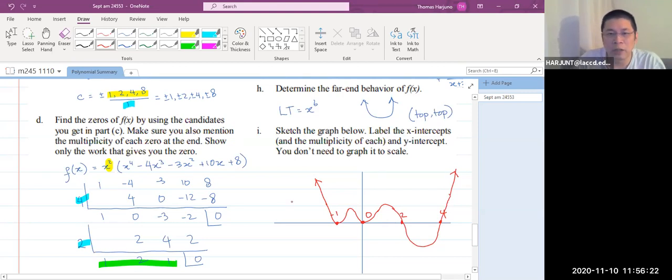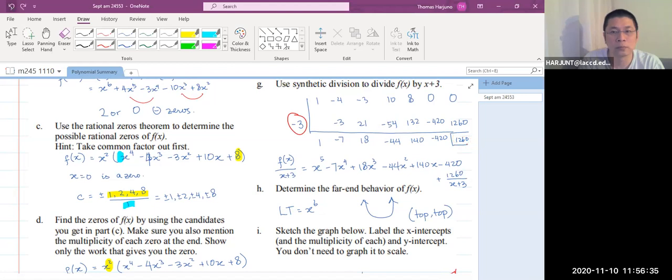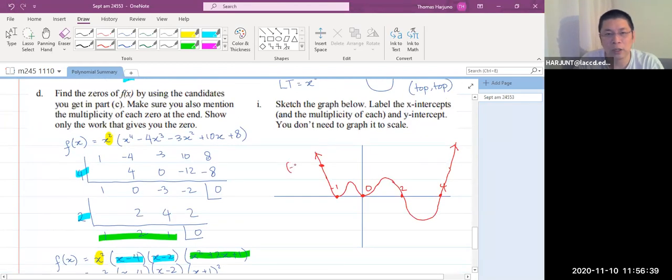In fact, we can say more. When x equals negative 3, the value is positive 1260.